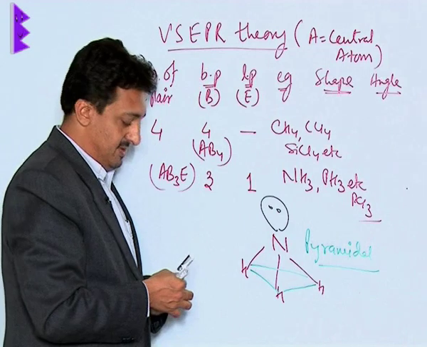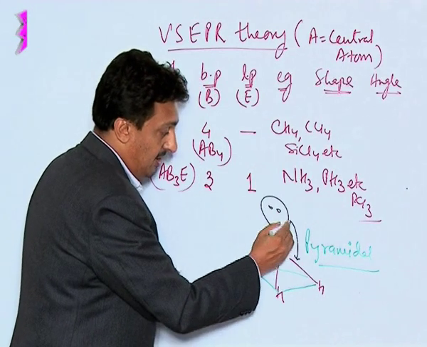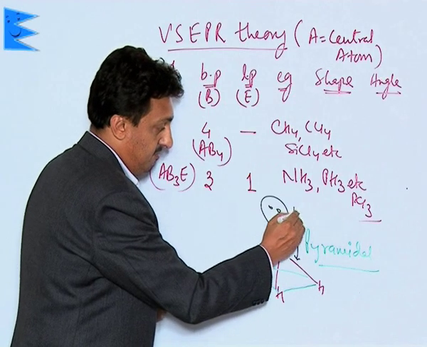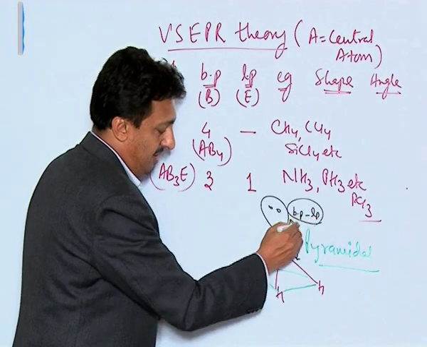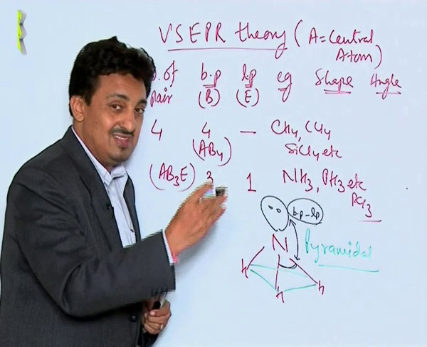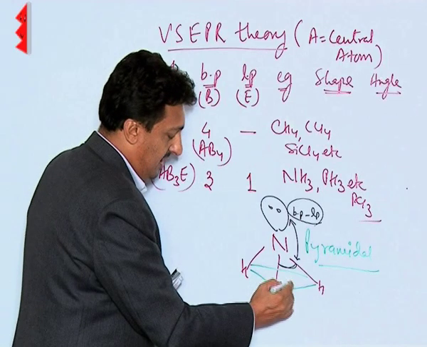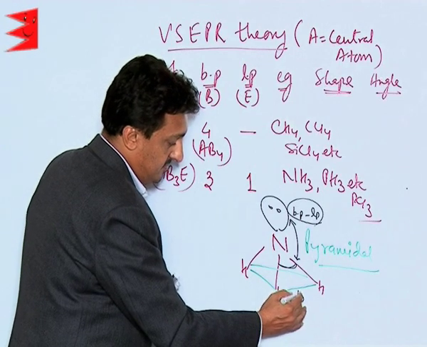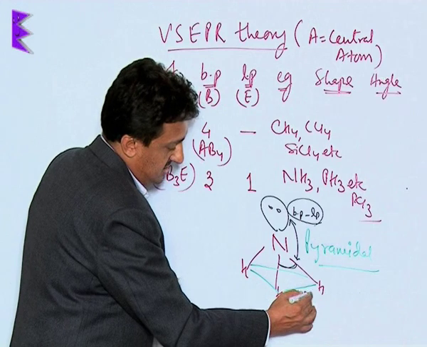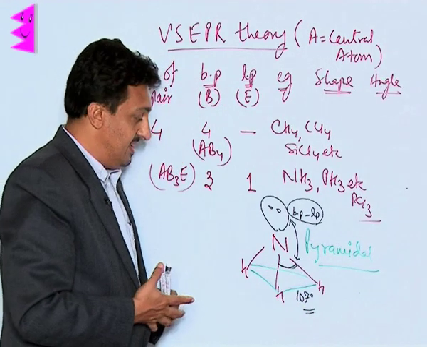And what happens is we get strong bond pair, lone pair repulsions. As a result, these angles become shorter than 109.5. Like in case of ammonia, it's 107 degree.